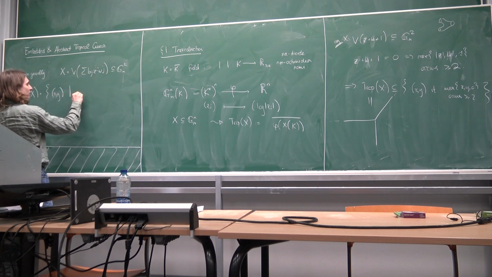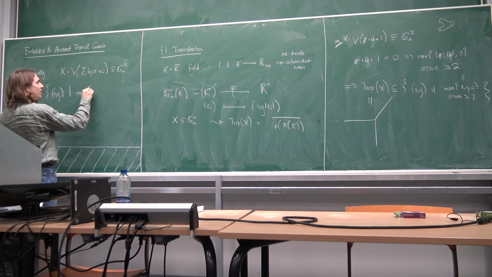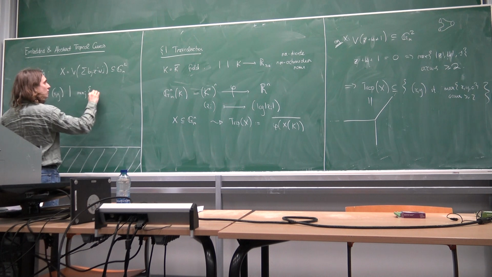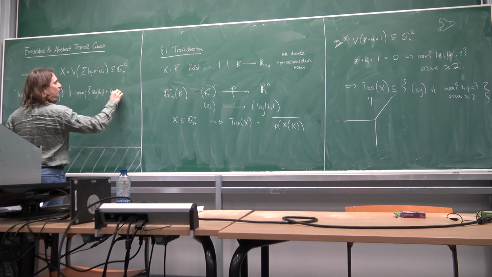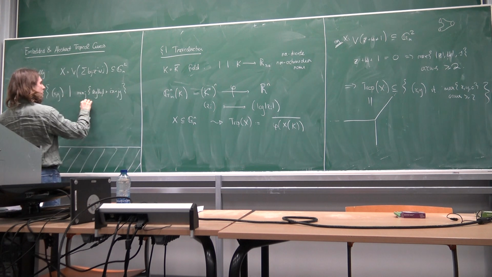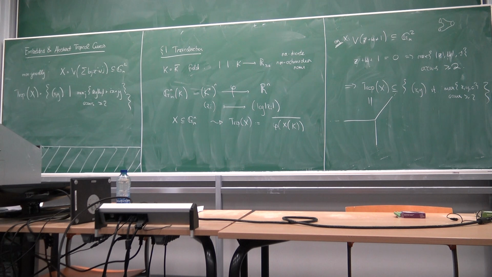So I'm going to write this out carefully: it's the locus where the max over all i, j of log norm b_ij plus ix plus jy occurs at least twice, and the argument is the same as in this case.